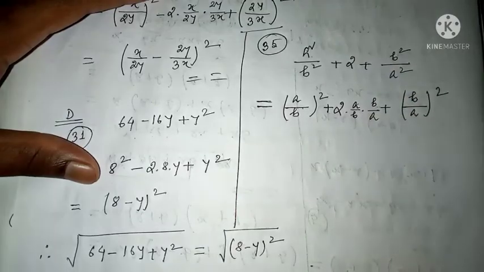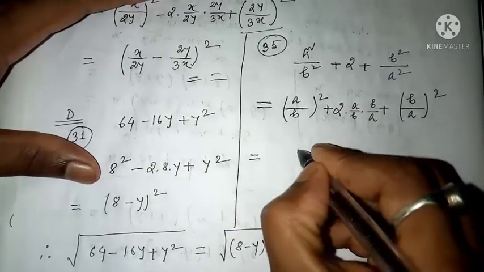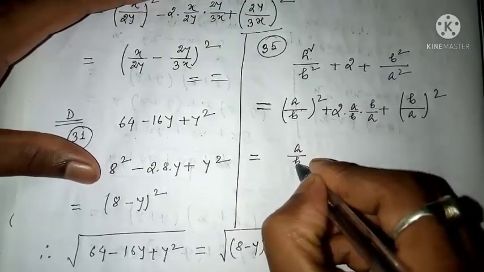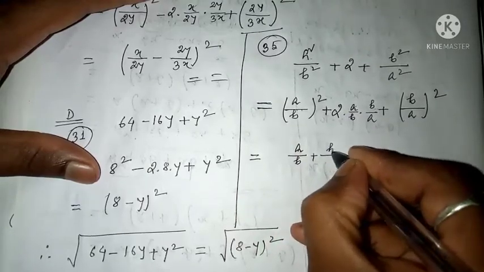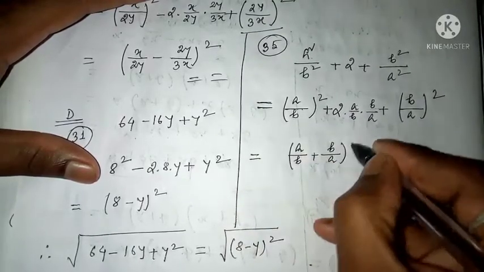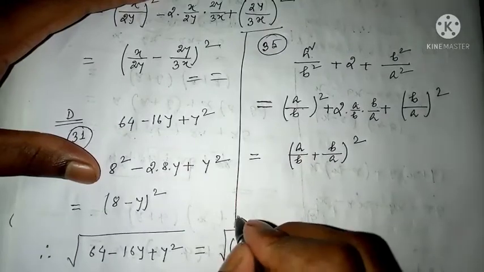This is also matching. That means now can I write this one as (a by b plus b by a) whole square. Now we are asked to find the square root.